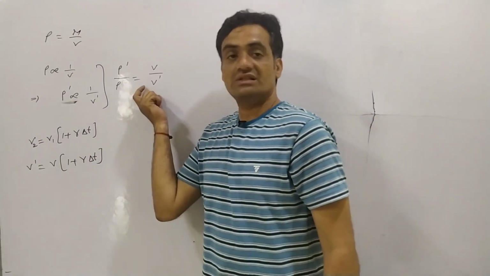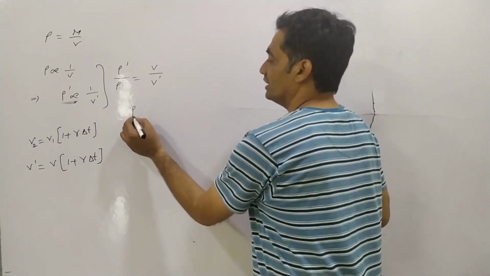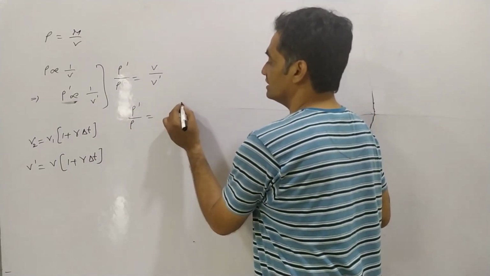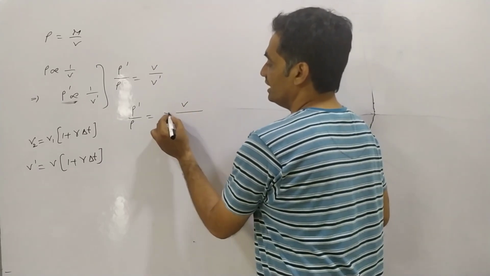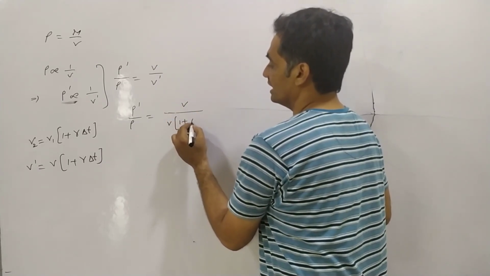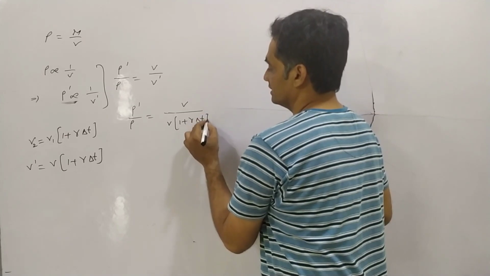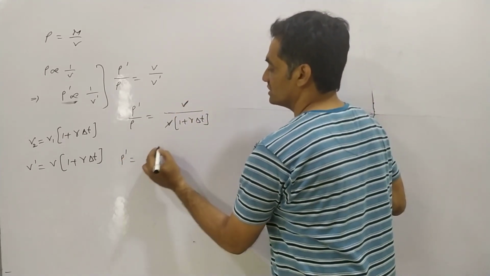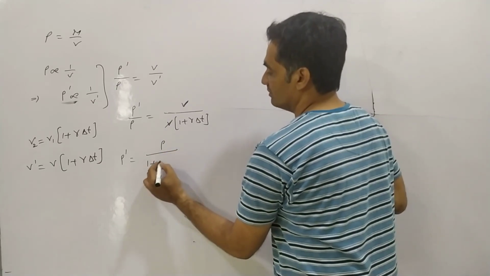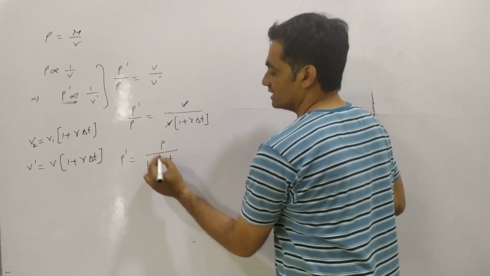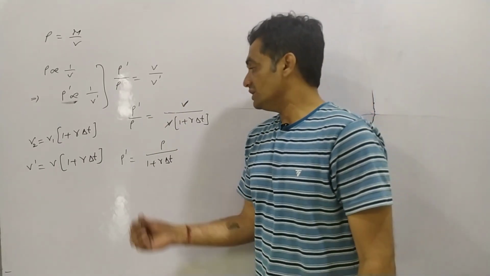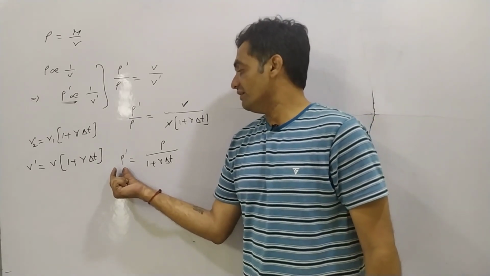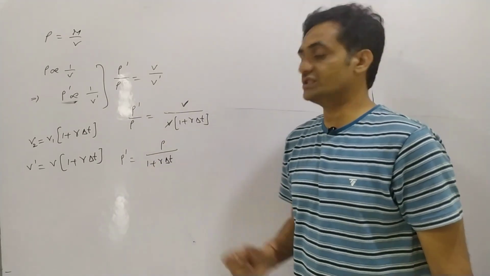Let's substitute this value in this equation. Then rho dash by rho is equal to V by V into 1 plus gamma delta T. So now V gets cancelled. Then rho dash is equal to rho by 1 plus gamma delta T. This shows the relation between final density and initial density.